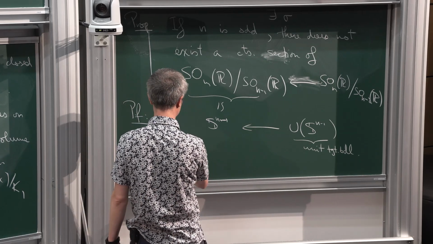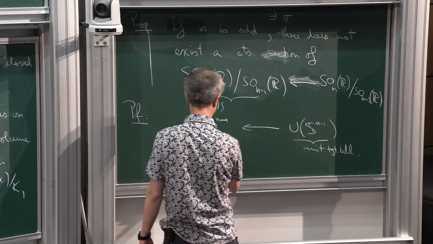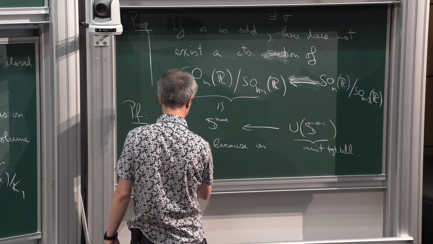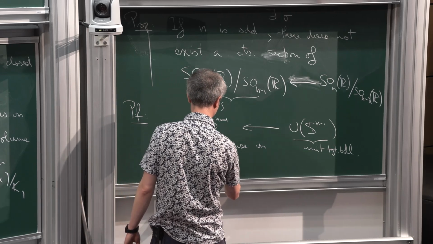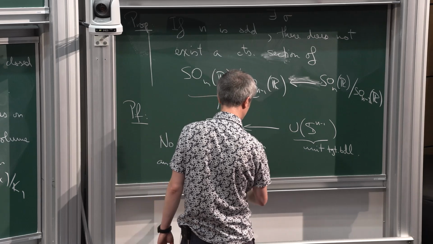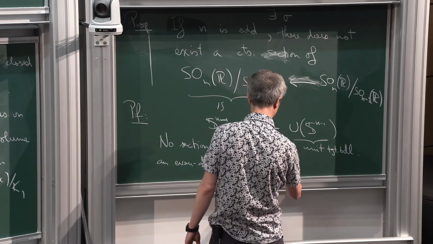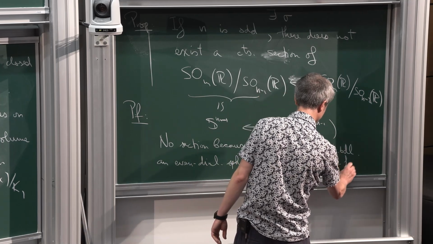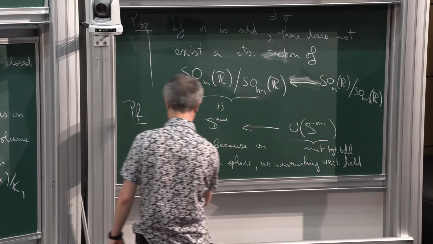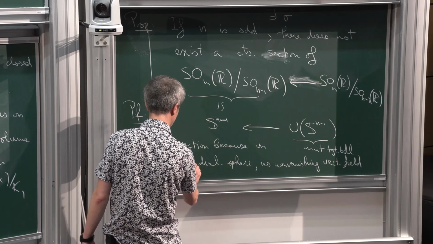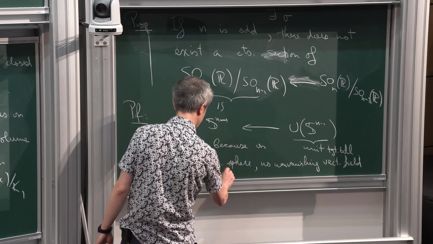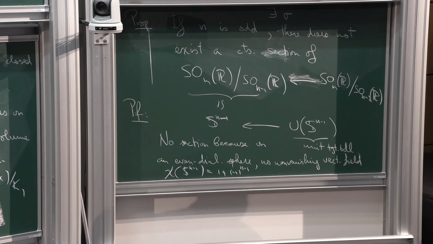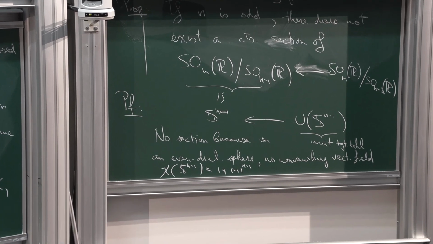So no section, because on an even dimensional sphere, there is no non-vanishing vector field, because the Euler characteristic of S^(n-1) is 1 plus (-1)^(n-1), which when n is odd is 2. Okay?